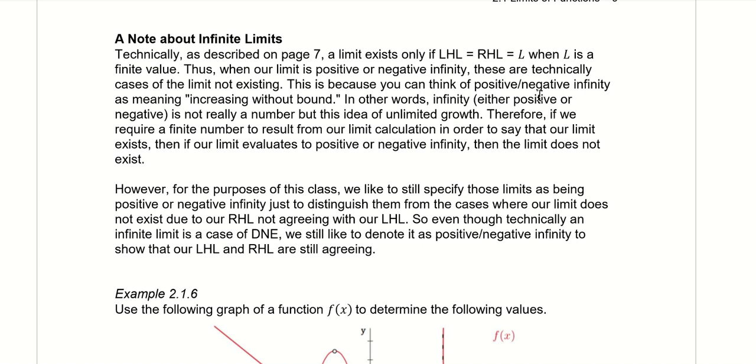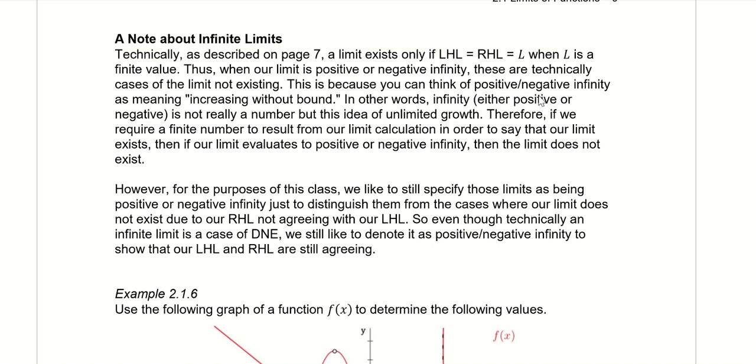So technically, a limit only exists if the left-hand limit and the right-hand limit equal L, and L is finite. So technically, when we have a positive or negative infinity as our limit value, these are cases where the limit DNE, does not exist.